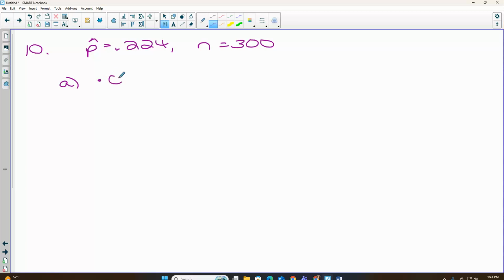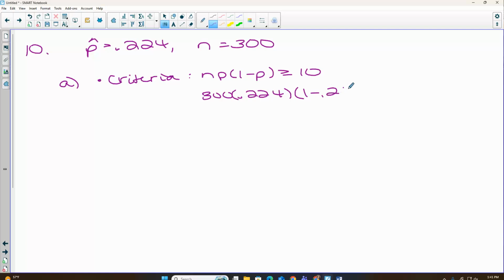So you have to know your criteria. What criteria do we use for this one? N times p times 1 minus p has to be greater than 10. So 300 times 0.224 times 1 minus 0.224 is 52.1472.